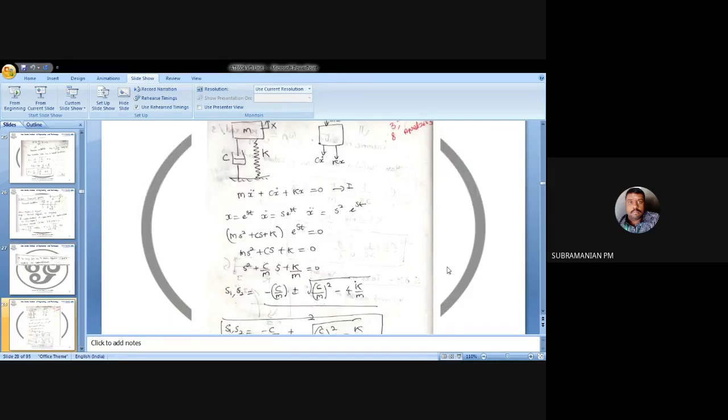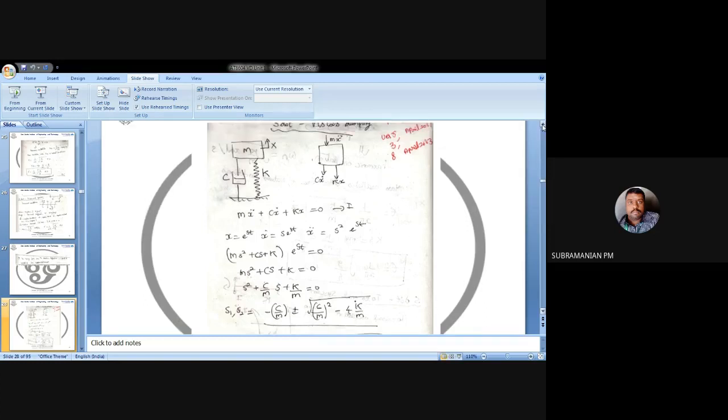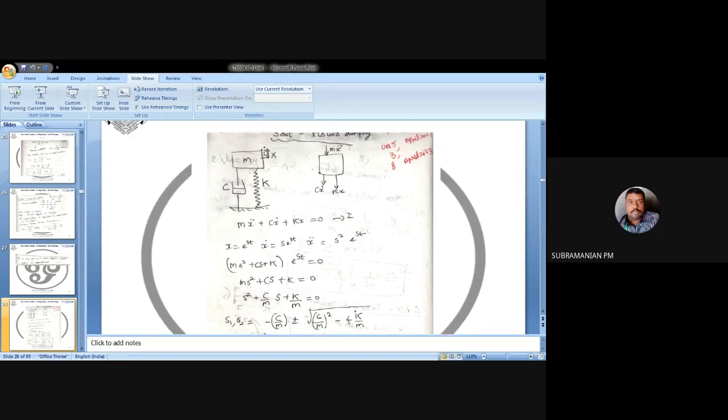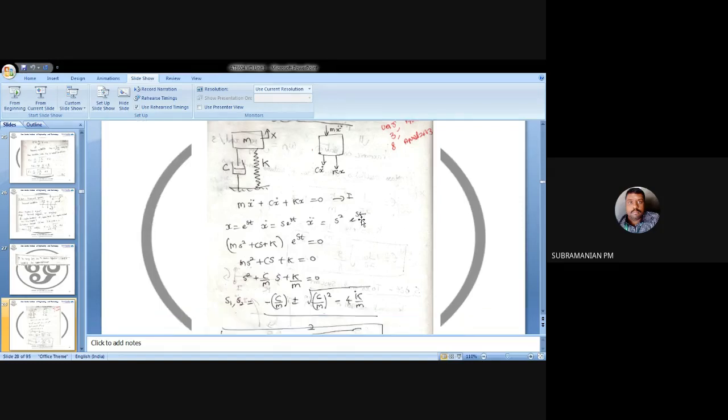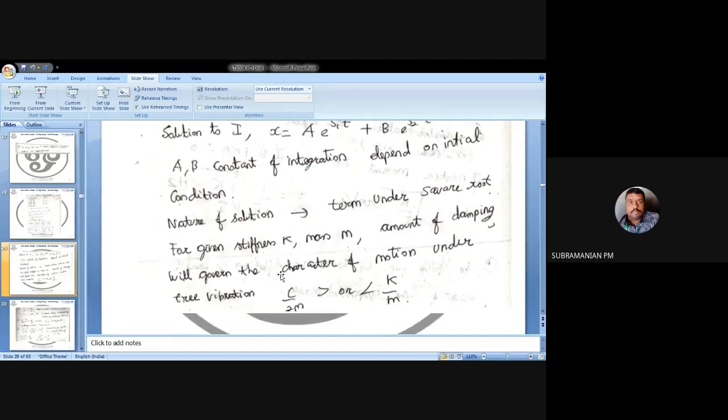And you can see single degree of freedom with viscous damping. That is, you are having a mass, stiffness and damping. In the class itself we have seen what the solution is and what the roots are. Since it is objective, you can go through the equation alone. That is the final form, C by 2m and k by m.